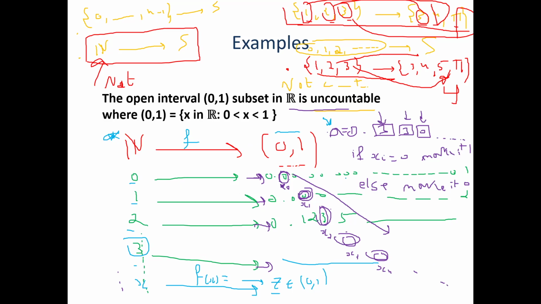We took the first digit from the first element and we changed it. It was 0, and here we made it 1. Then we took the second digit from the second number. It was 0, we made it 1. The third digit of the third number, it wasn't 0, so we made it 0. That's the idea. And you keep going.